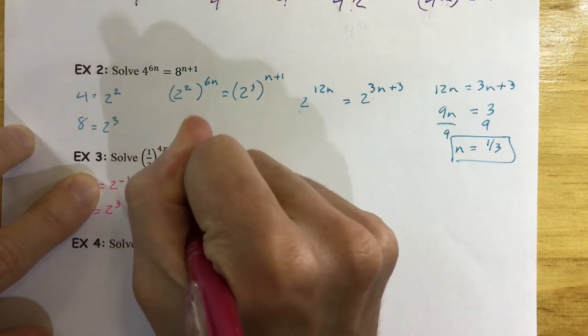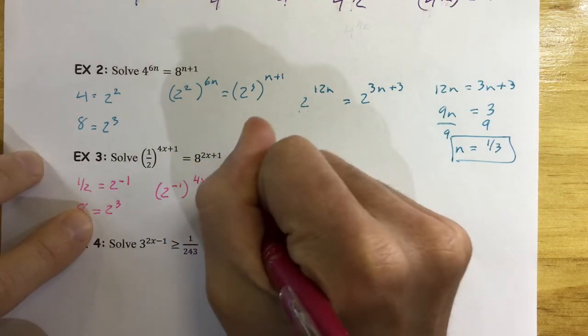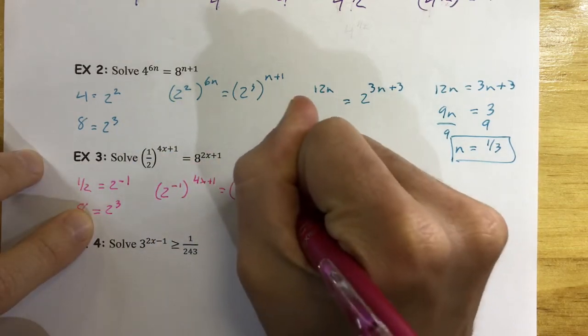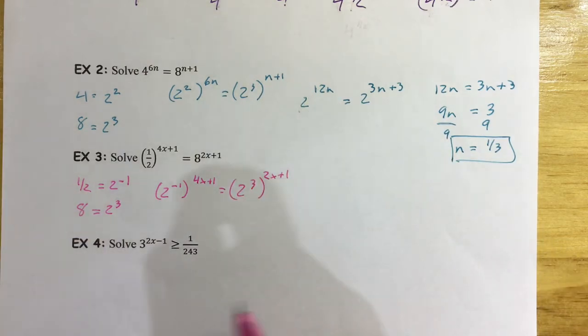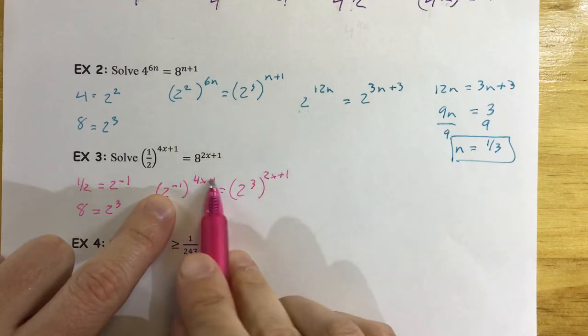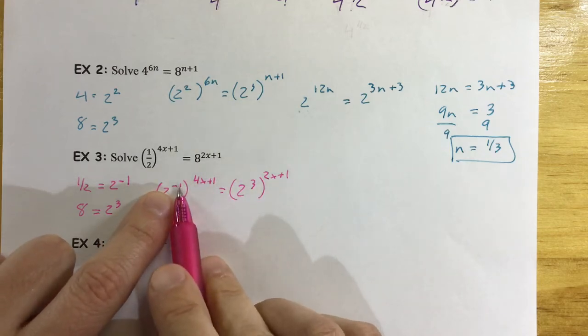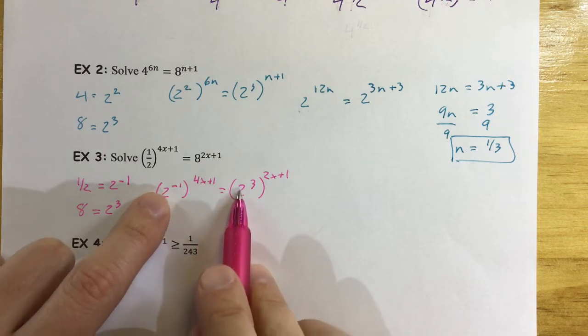We've got 2 to the -1 raised to 4x plus 1, which is going to be equal to 2 cubed to the 2x plus 1. We then distribute or multiply, however you want to say it in these cases. It is distribution because you have binomials here, but you're going to multiply your exponents together. And at that point, you can also just drop out your common base.